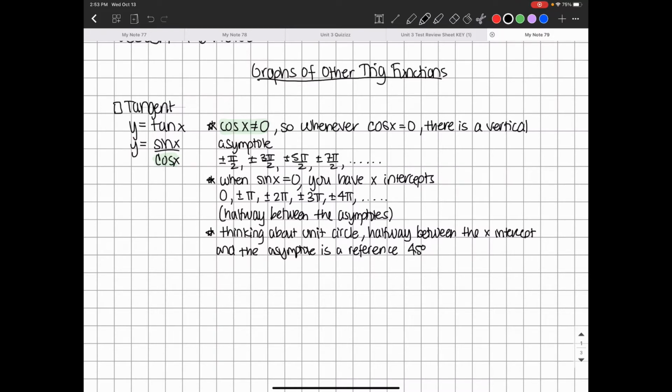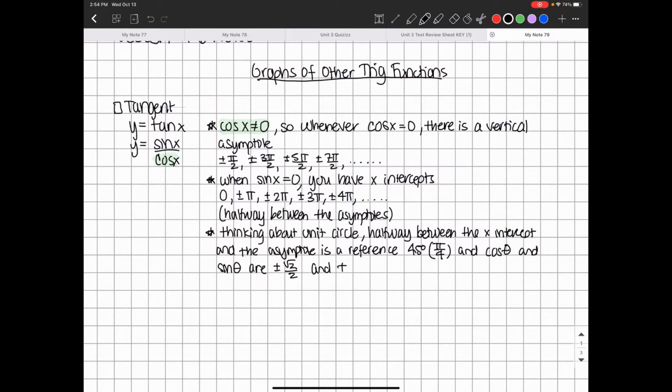It's halfway in between 0 and pi over 2, which is pi over 4, a 45 degree angle. All of them are reference 45 degree angles in the middle. And cosine of theta and sine of theta for 45 degree reference angles are plus or minus square root of 2 over 2.